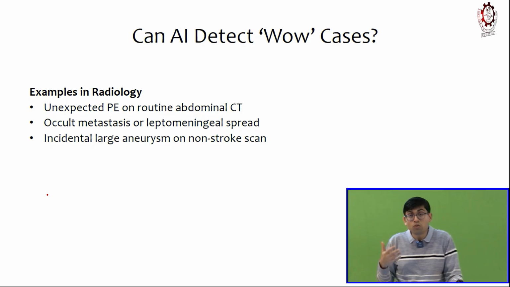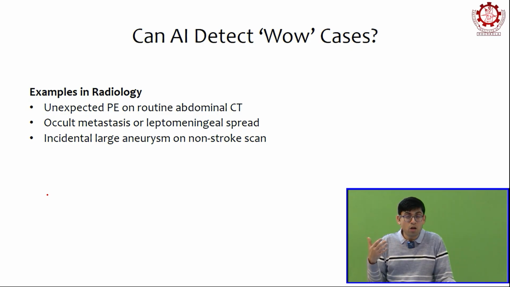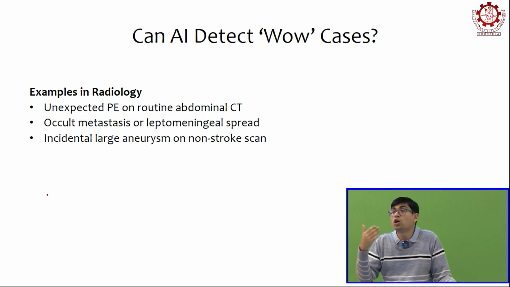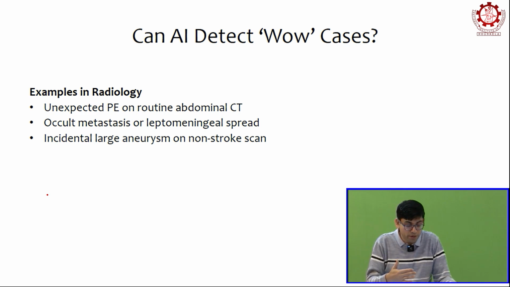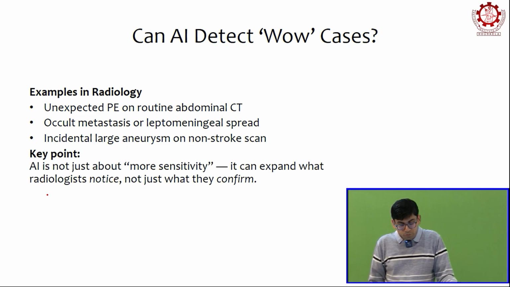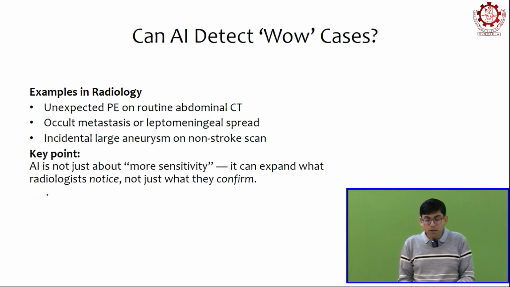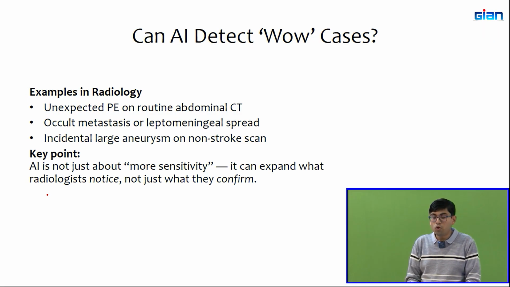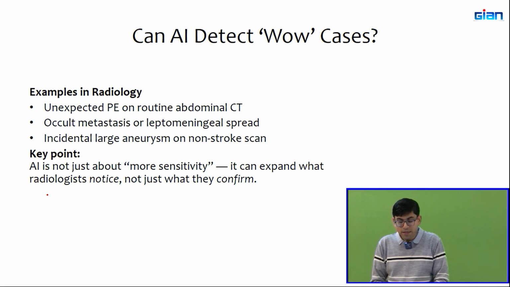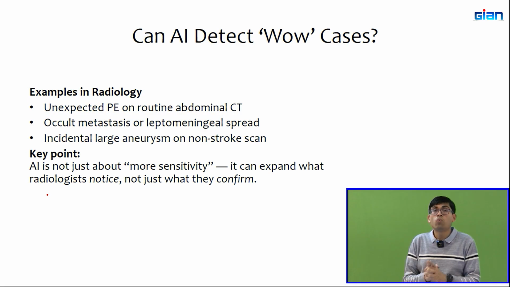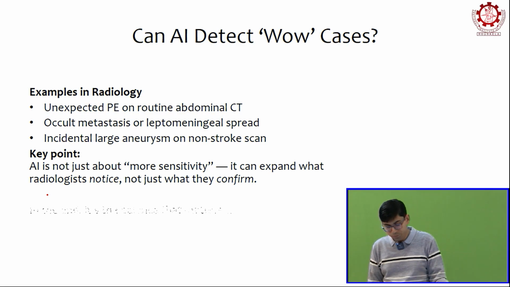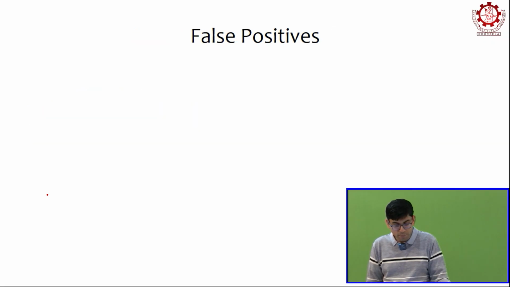Those are examples of incidental findings, or findings which the radiologist is not primarily looking for, but they find it. So the key point, just to summarize, is that AI is not just about more sensitivity. It can expand, it should expand what the radiologists notice and not just what they confirm. It's the balance that matters.